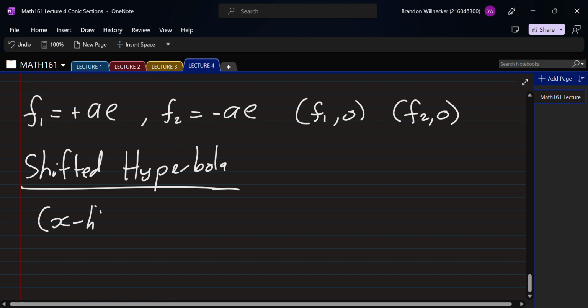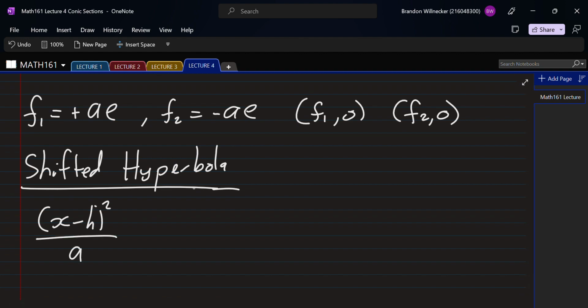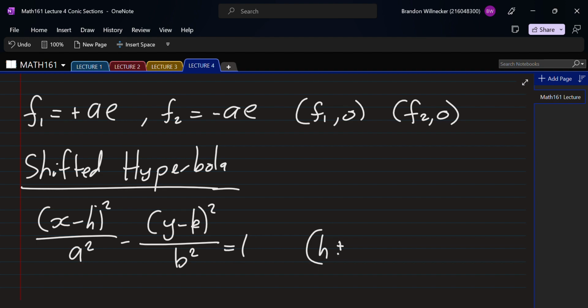We have x minus h squared over a squared minus y minus k squared over b squared is equal to 1. In this case, we're going to have the foci at the points h plus minus c, and then shift it up so we go to k. This c value comes from simplifying F1 and F2.